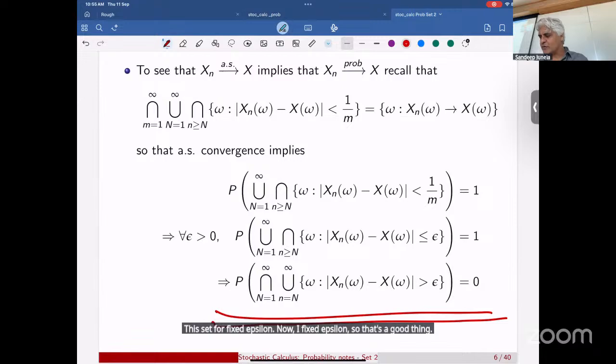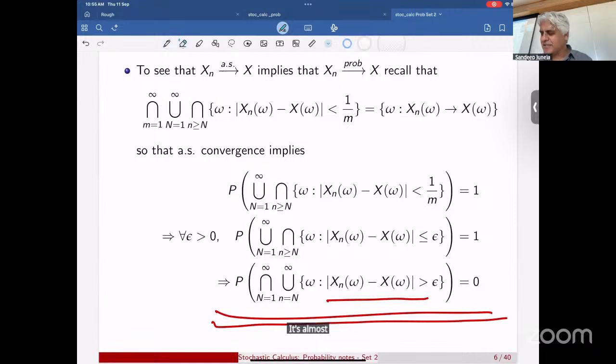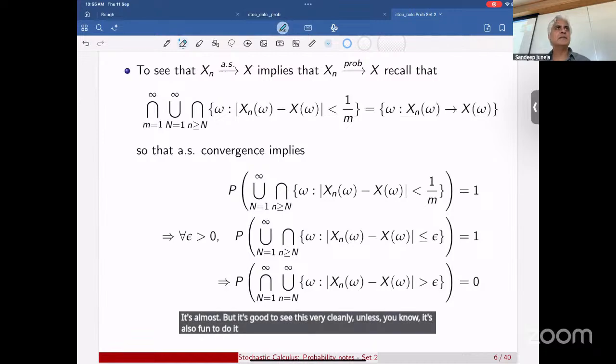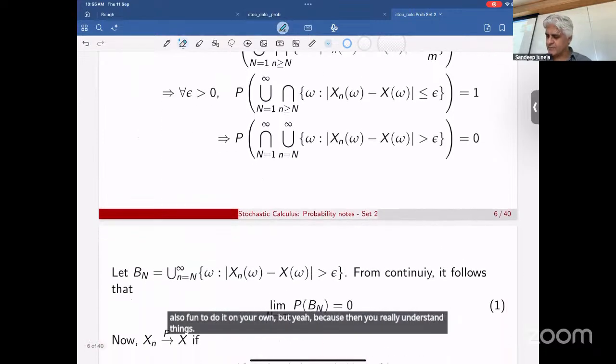But I want to say that for any fixed n, the probability of this event should go to 0. So that's not immediately obvious from here. It's almost there, but it's good to see this very cleanly, and it's also fun to do it on your own, because then you really understand things.